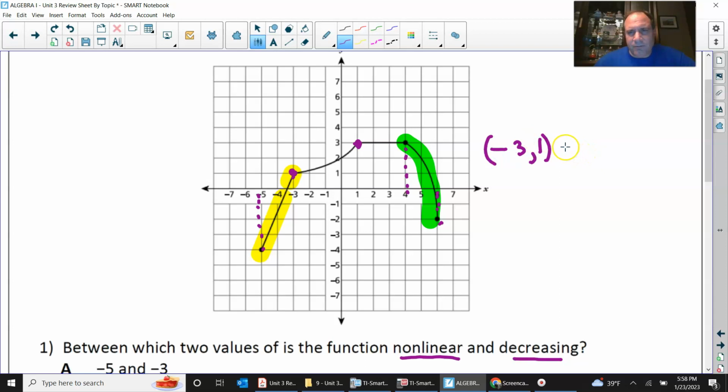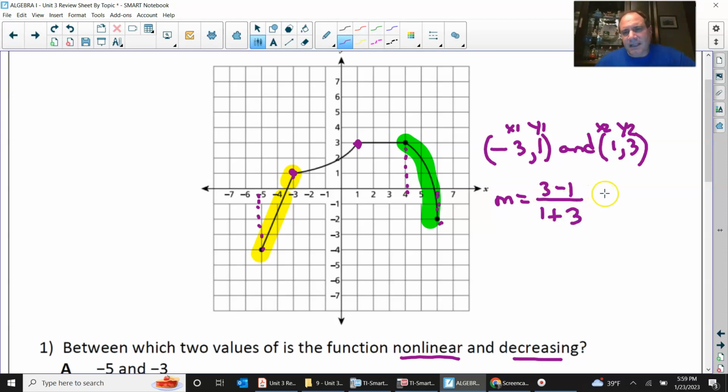And then the other point is 1, 3. And I am going to do x1, y1, x2, y2. Average rate of change. 3 minus 1 over 1 plus 3. It's 1 minus a -3, but we're just switching it.